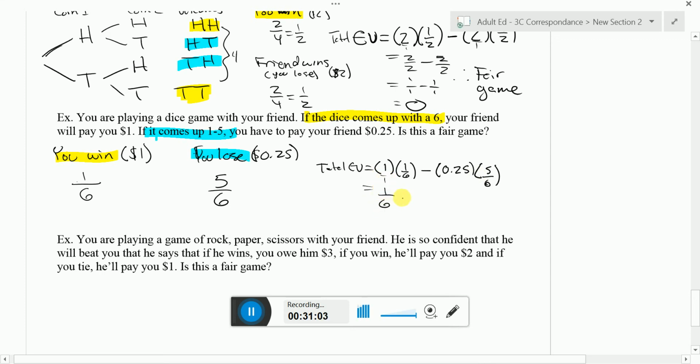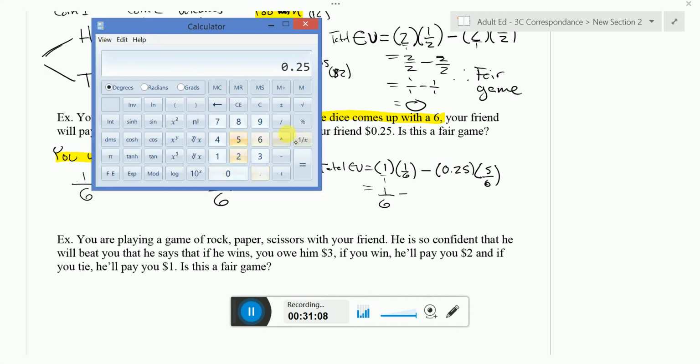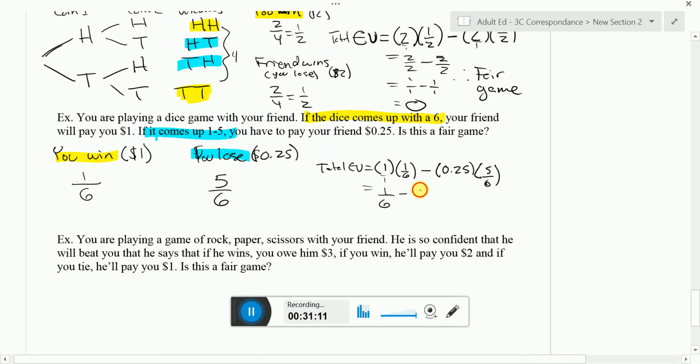That is 1 out of 6 minus 0.25 times 5, or 1.25 out of 6. Now, because the bottom's the same, you just subtract the top, which gives us negative 0.25 out of 6. It is not 0, which means it is not fair. You don't necessarily have to find out what it actually is. The key is, you just have to find out that it is not 0.